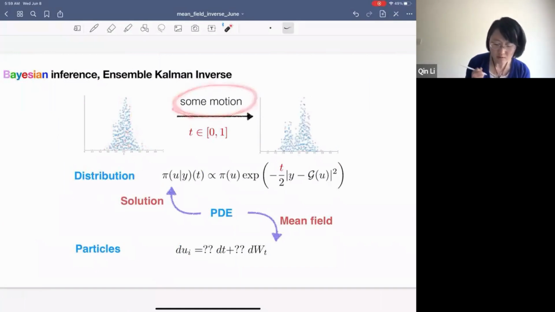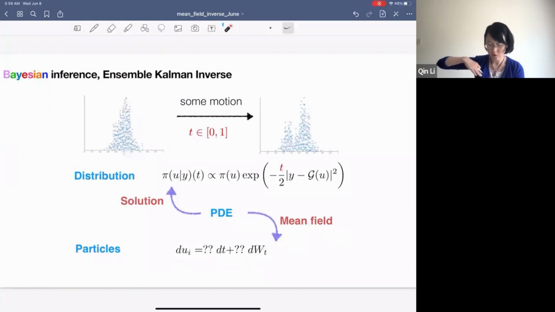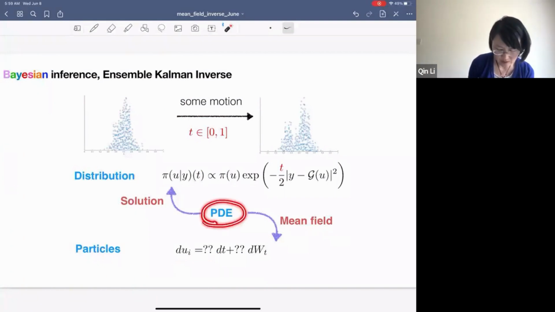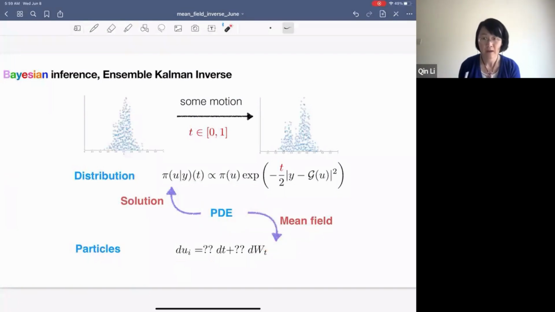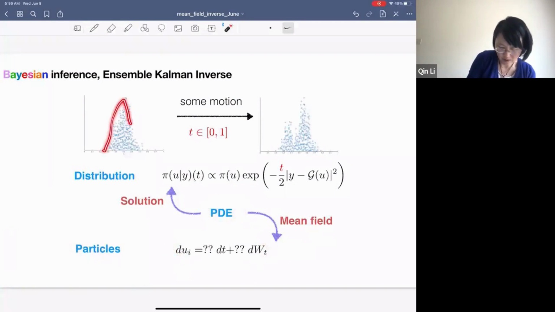When you induce a motion, on the particle level, each particle follows the motion using an ordinary differential equation. And if you look at the whole distribution of the particles, it becomes a PDE. So it very naturally falls into the kinetic formulation. We use the kinetic formulation to connect ODE and PDE, and we say the PDE converges from the prior distribution to the correct target distribution.